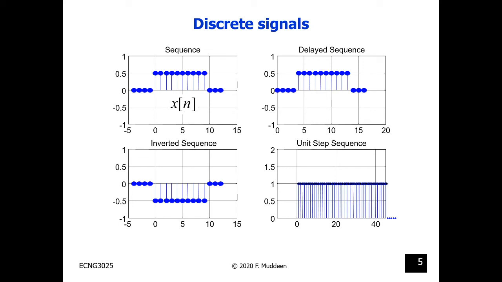So if we have a general signal here, for this first sequence, we can say that as x of n. For a delayed sequence, a delay means that the signal is shifted towards the right because it starts k seconds later, or k indexes later in this case. So, in this particular case, what we can observe is that we no longer start at time equals 0 for x of n, where n equals 0 was the index for x of n.